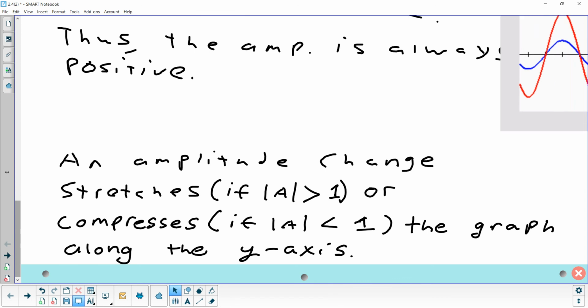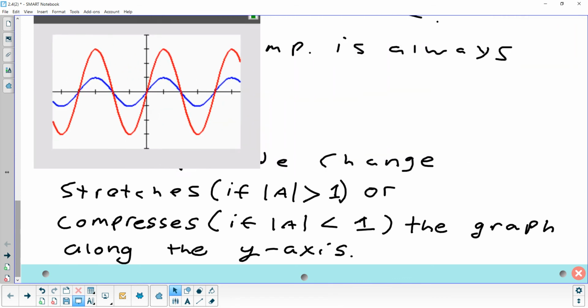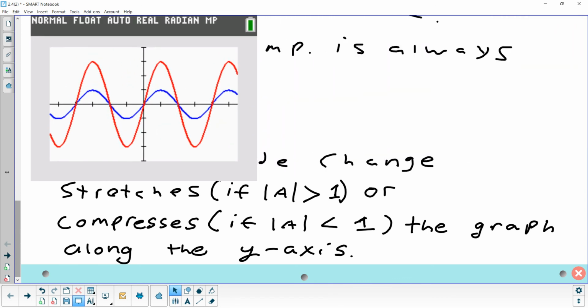Back to this picture. If you look at a point on the original graph and then look at the corresponding point on the red graph, that point ends up right there. If you write the coordinate for this point, we'll call this one point 1, call this one point 2.